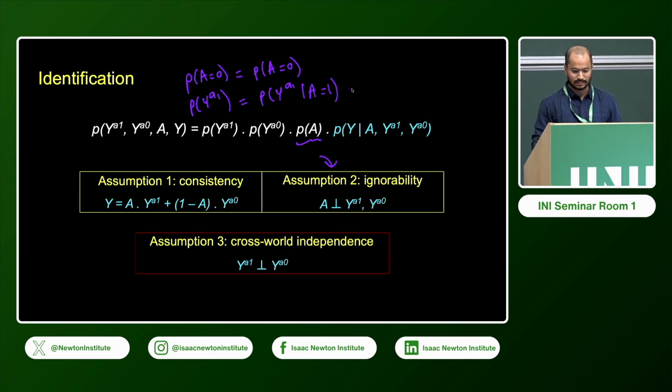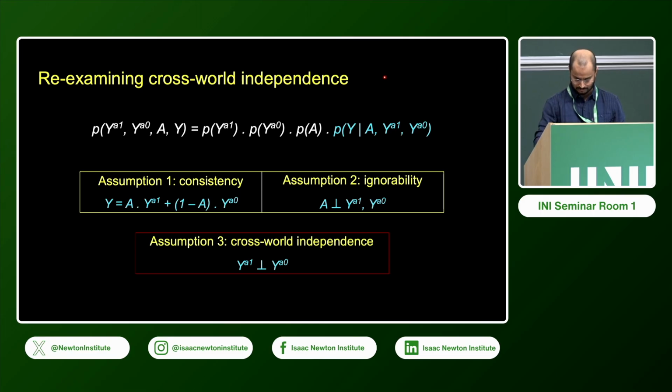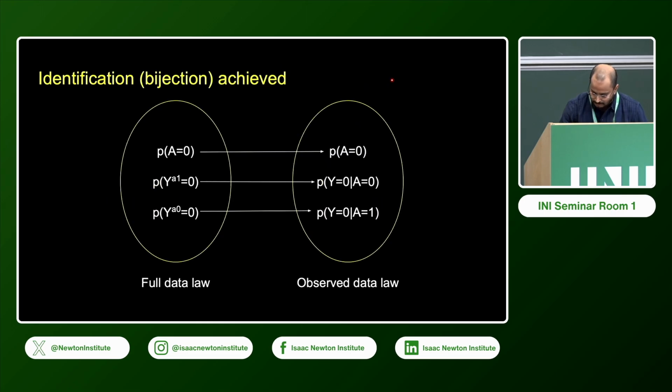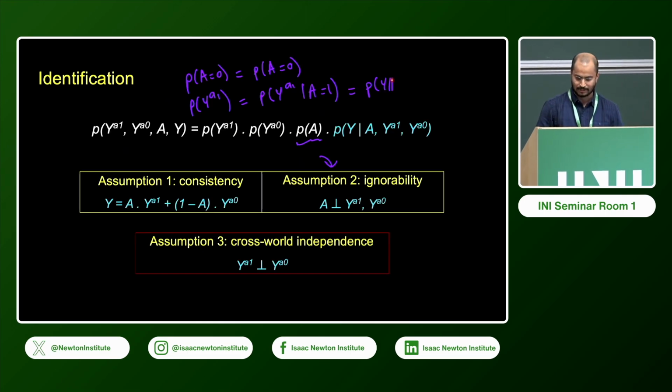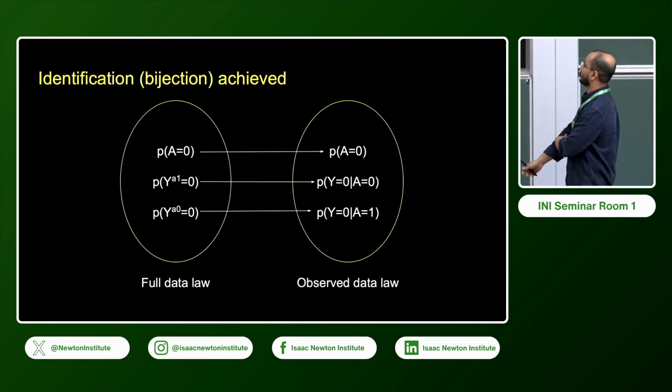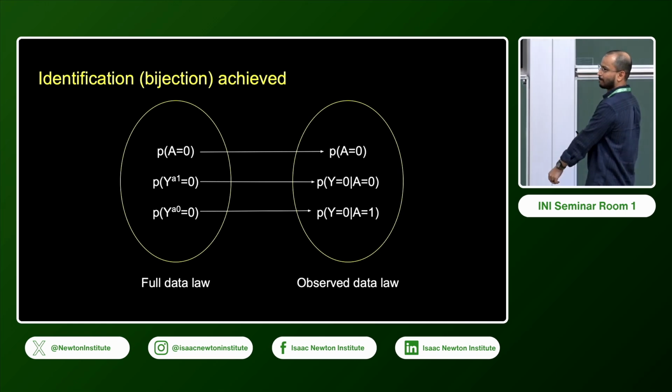And then by consistency, this is just equal to P of Y given A equals 1. You get the point. And then you can see that this is the bijection we end up with.